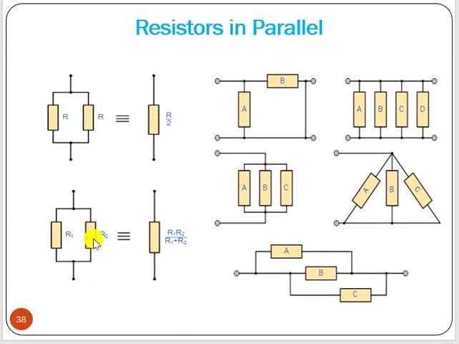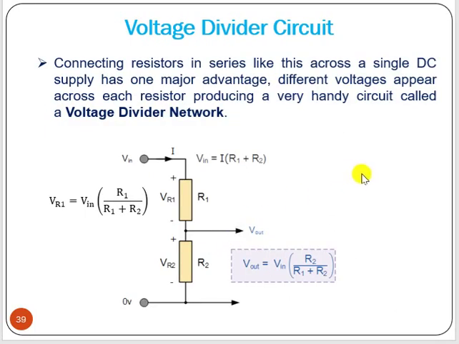If one resistance is R1 and another is R2, it is R1 into R2 divided by R1 plus R2. If that is in parallel with another resistor, you again apply the formula.